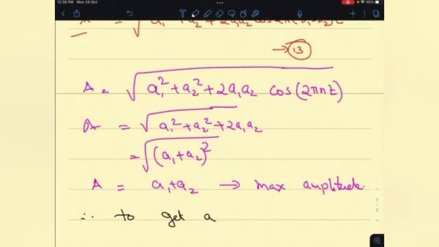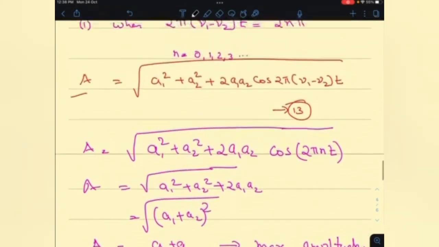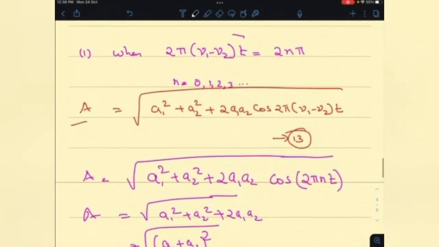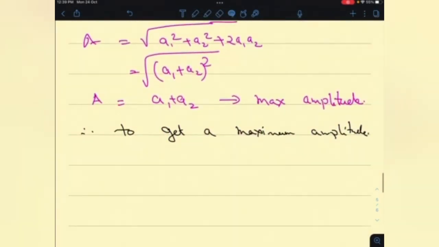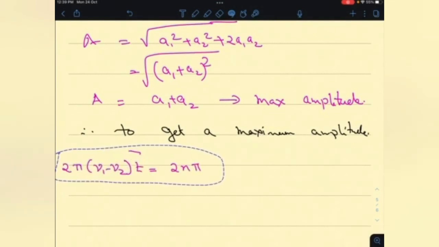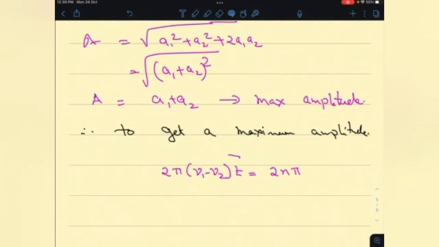So this is the condition. From this, what is t equal to? The 2π terms get cancelled, so t is equal to n divided by (ν1 − ν2), and n is equal to 1, 2, 3, etc.